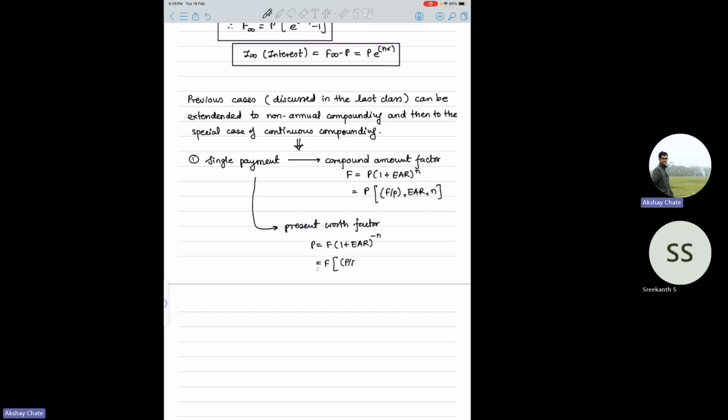The same goes if you have interest factor tables: you put EAR and n, and then get that factor from the table. Like this, everywhere you have to do this only. I hope you understand what we are doing.